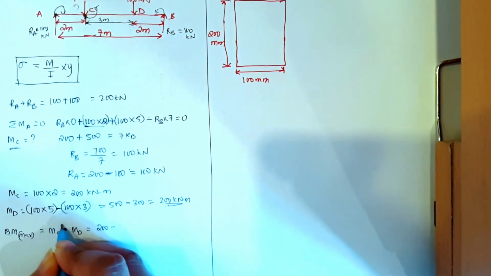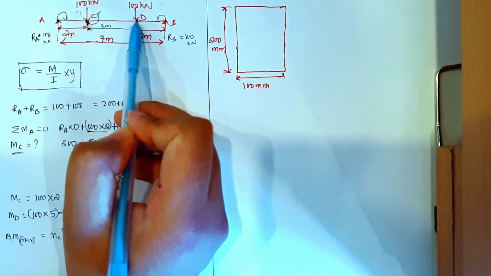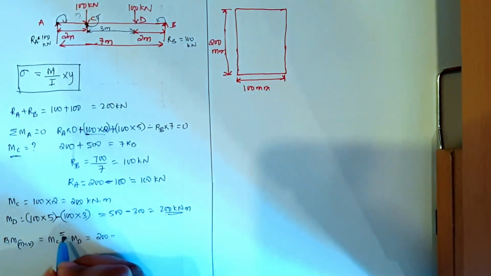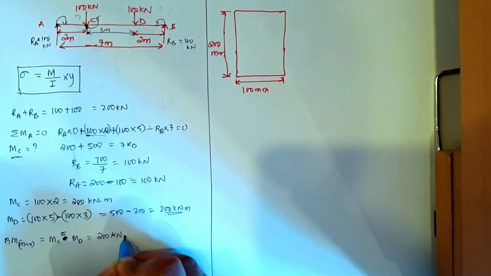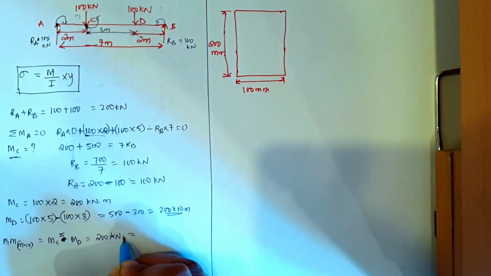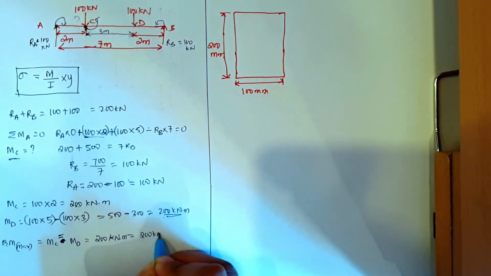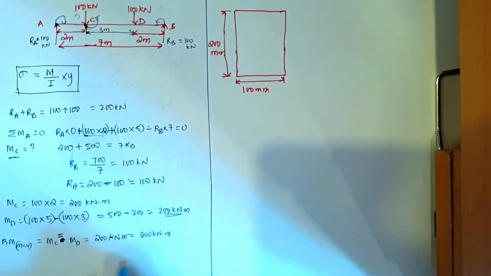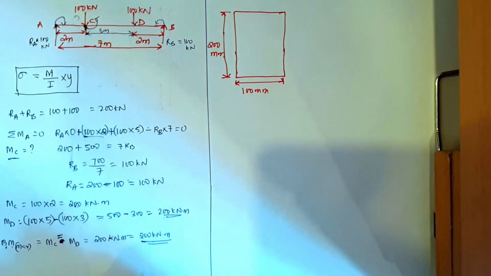It will be equal to the moment at C, where the maximum comes, and at point D also the maximum moment comes. How much came at C? 200 kilonewton meter, and at D again 200 kilonewton meter. So both are maximum points. Okay, so I have maximum bending moment equal to 200 kilonewton meter.